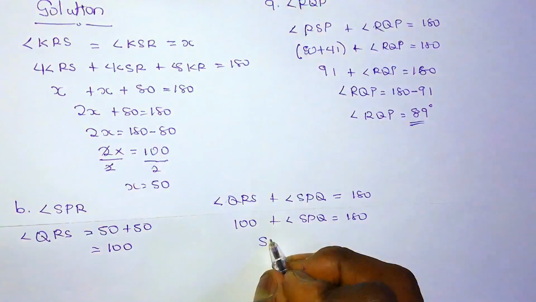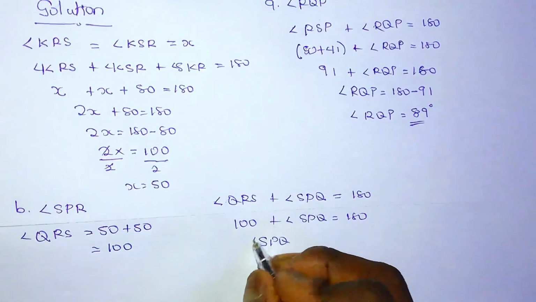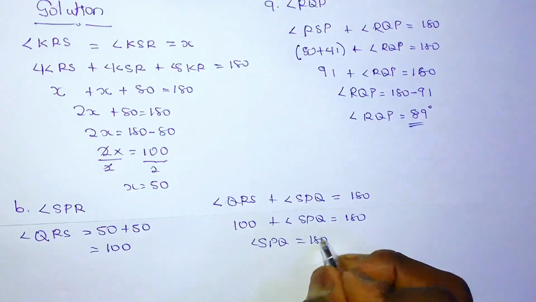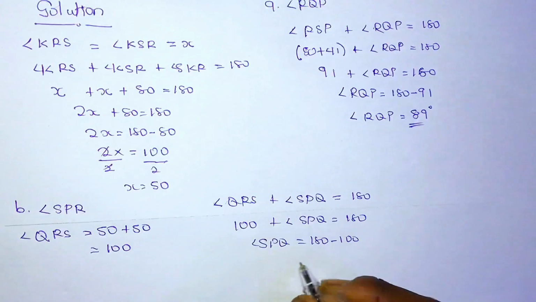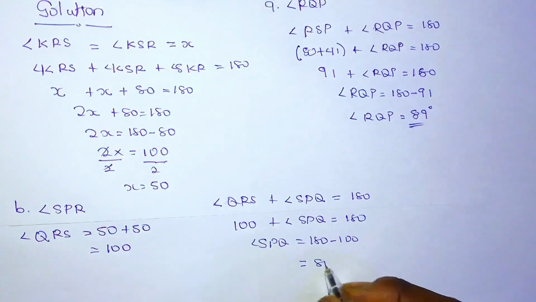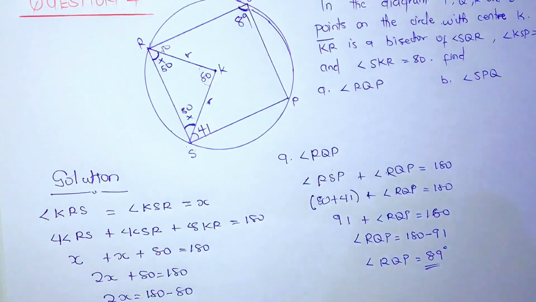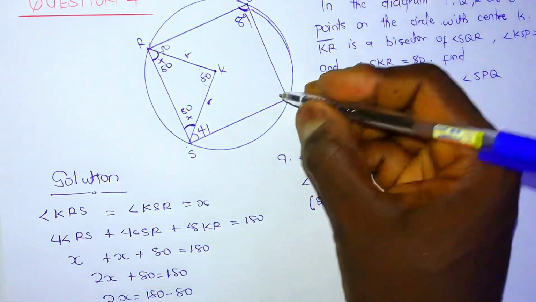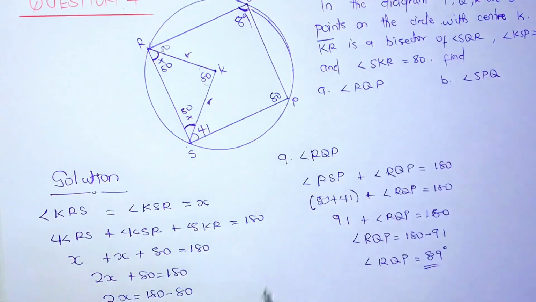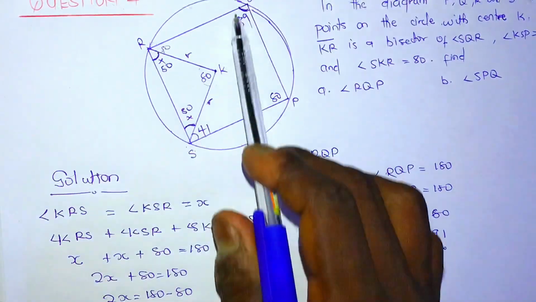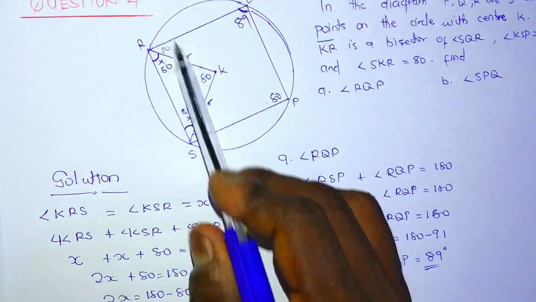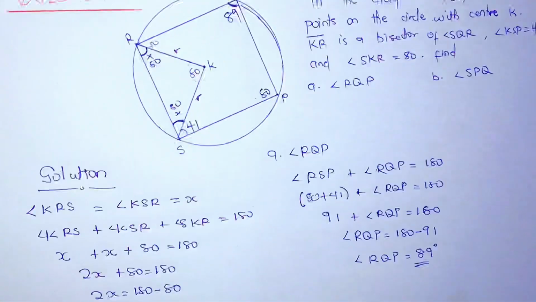Angle SPQ will be equal to 180 minus 100, and that will be equal to 80 degrees. And that answers question 4. So this side is also 80. So 91, 89, 80, 100 should give us 360.